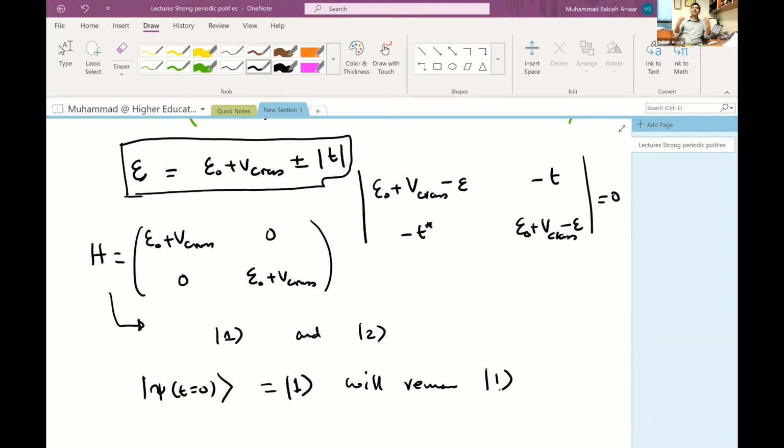So only when T is non-zero is there a probability that a system that starts off in ket1 can go into ket2. And the cyclic evolution between ket1 and ket2 is going to take place. This is called Rabi flopping.